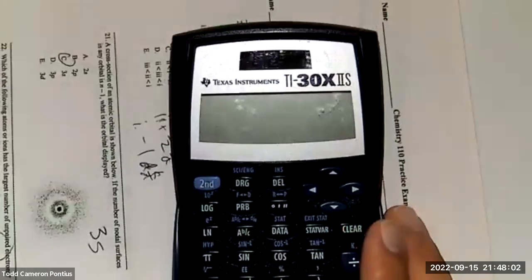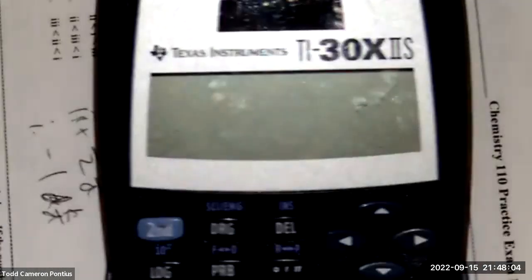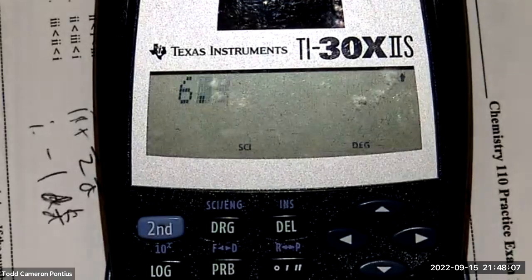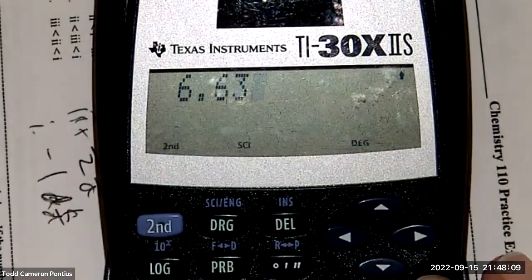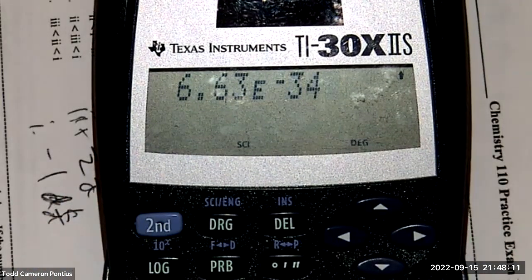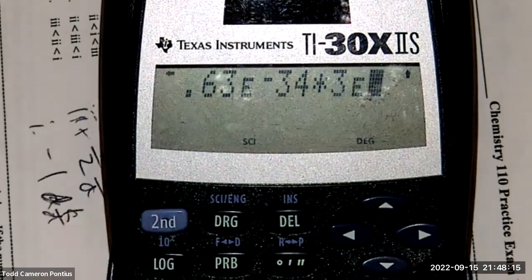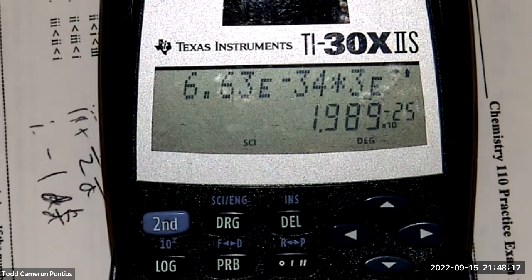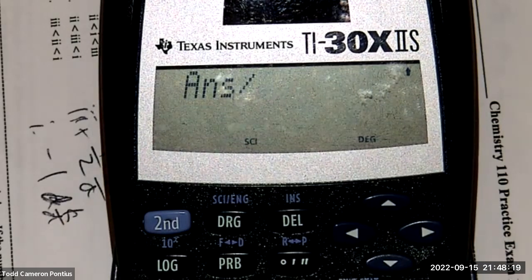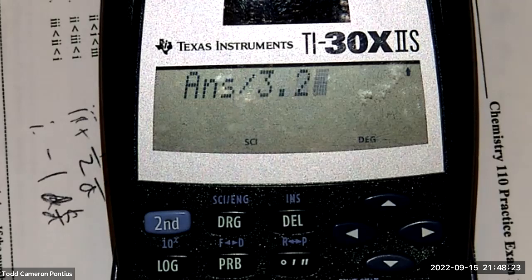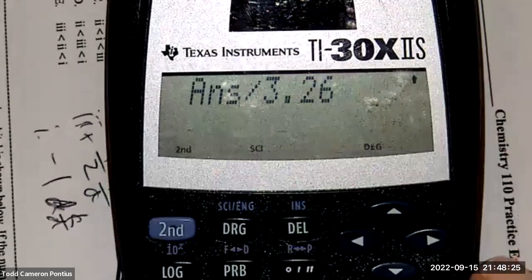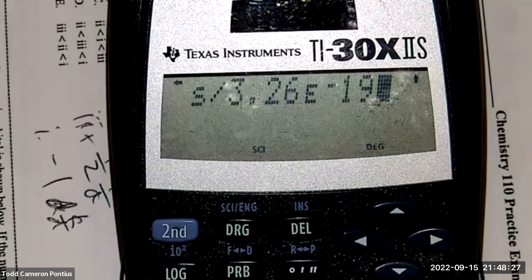When doing this calculation, 6.63 times 10 to the negative 34th times 3 times 10 to the 8th, divided by our energy, 3.26 times 10 to the negative 19th.